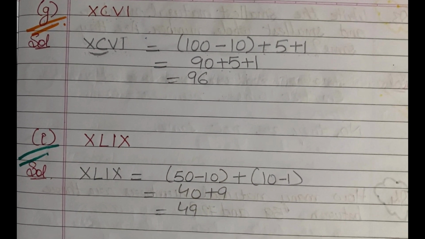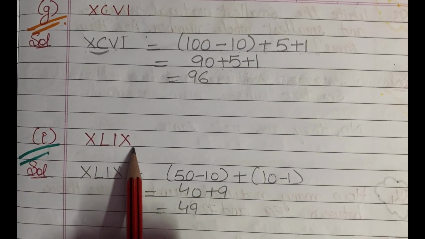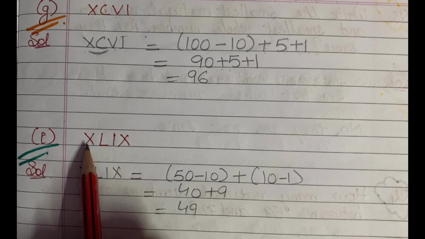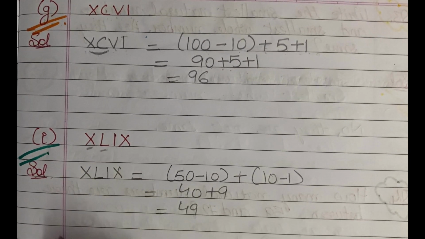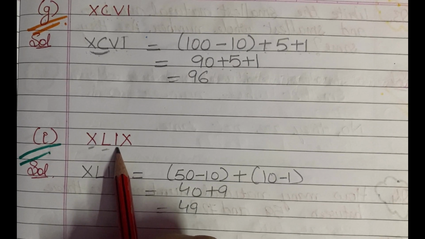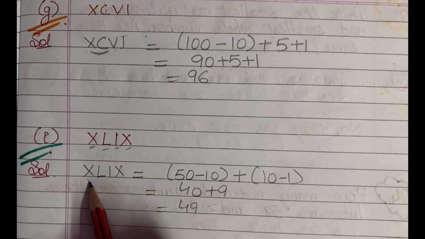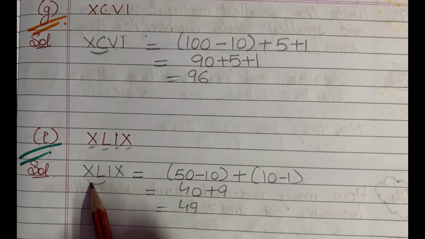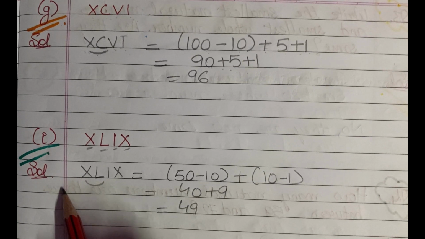Next is I part. In I part we are having XLIX. Now see, here X stands for 10, L stands for 50, I stands for 1, and X stands for 10. So firstly observe these two symbols. Here the smallest symbol is written to the left of the bigger symbol.